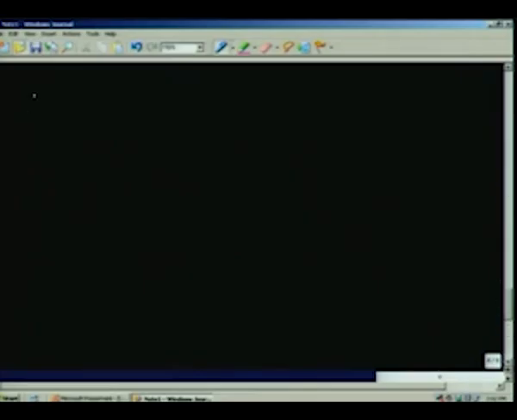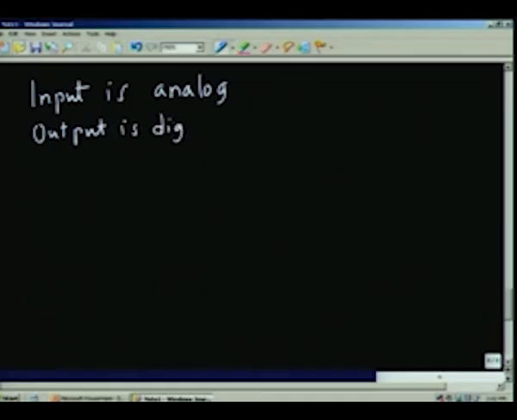So, the input or the signal is analog, the output is digital, and this is communicated to an external device.